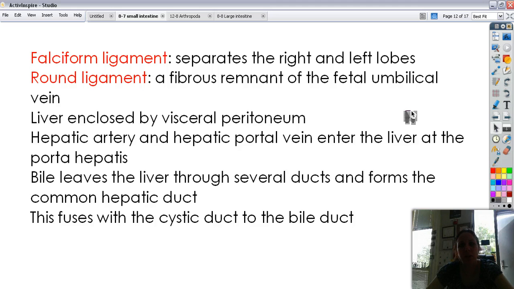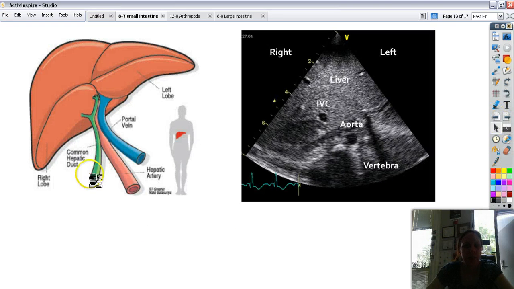That's because the gallbladder stores the extra bile that you don't use right away and condenses it and saves it for later. So the bile duct comes out and it fuses with the cystic duct. That comes from the gallbladder. Cystic comes from the gallbladder, and then the common hepatic fuses with the cystic to become the bile duct. So here's a picture showing the common hepatic duct that the bile's coming out of.